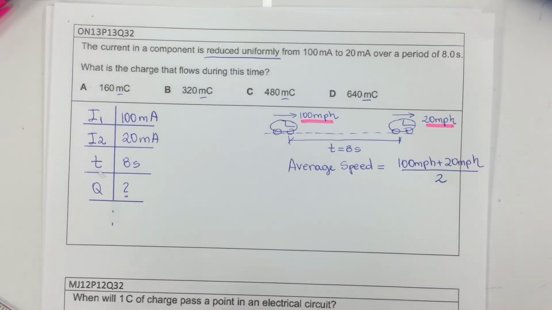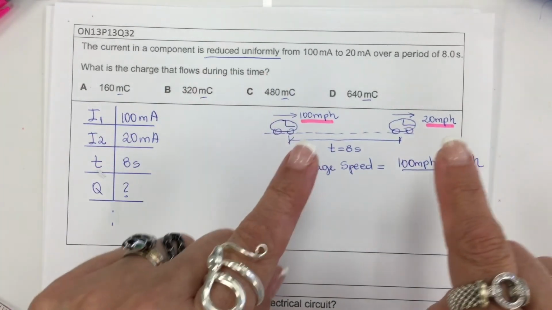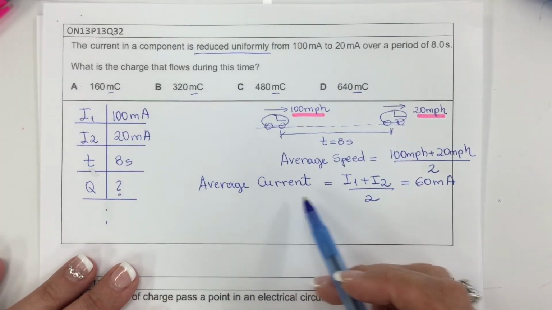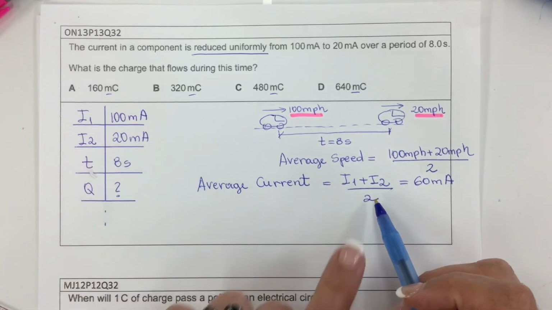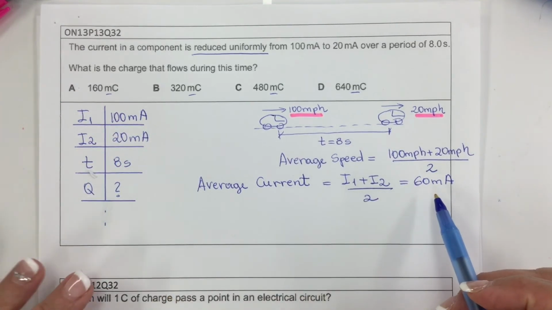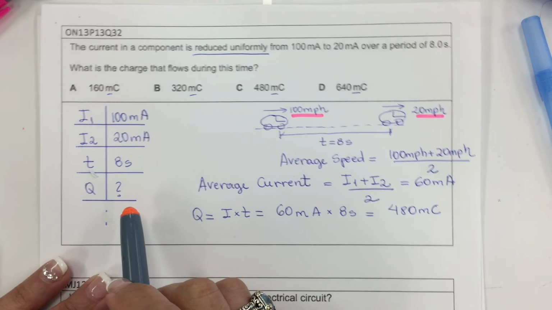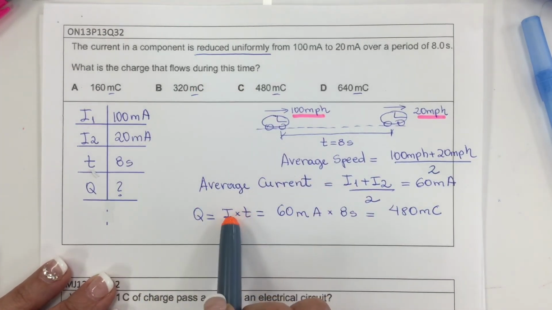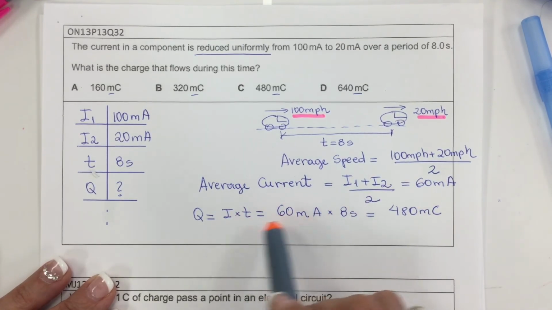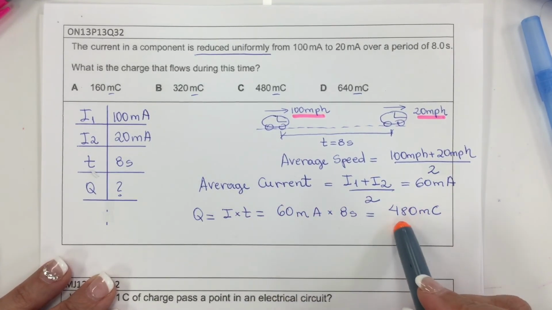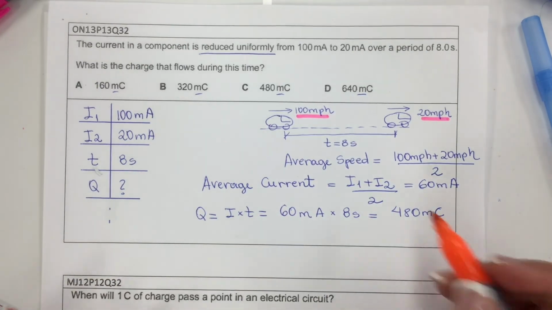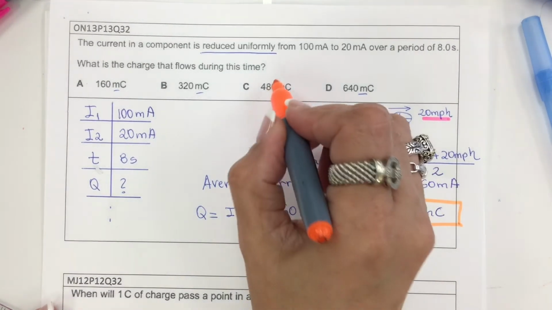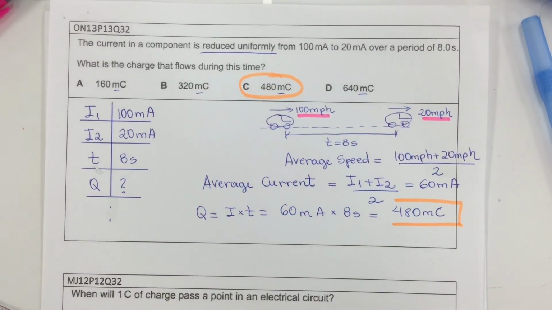Perhaps that's the case. So I'm just going to use the same analogy to solve this problem. So the average current is the sum of both currents divided by 2, which is 60 milliamps. So what is the charge that flows during this time? It is the average current times the time. So it's 480 millicoulomb, which is this one right here.